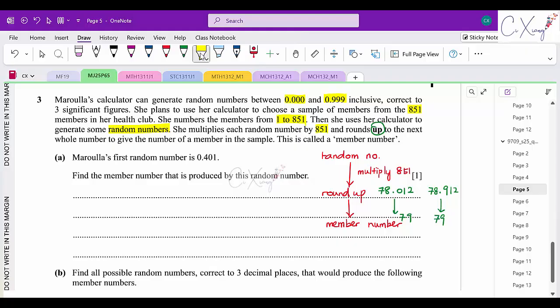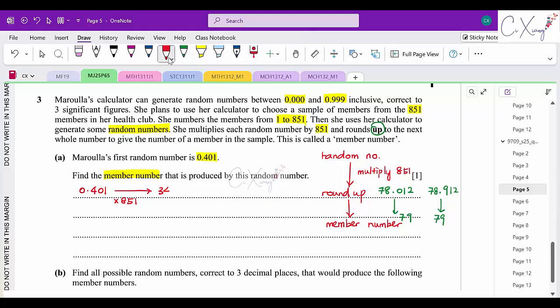Alright, so here they give you one example. If her first random number is 0.401, find the member number that is produced by this random number. First of all, we have the random number 0.401. You multiply it by 851. So what value do you get?